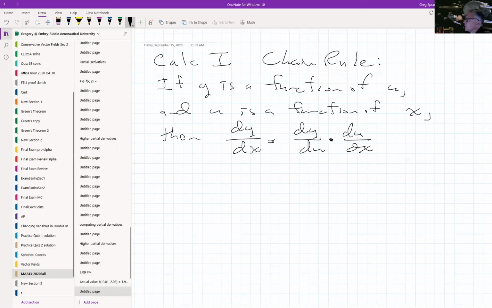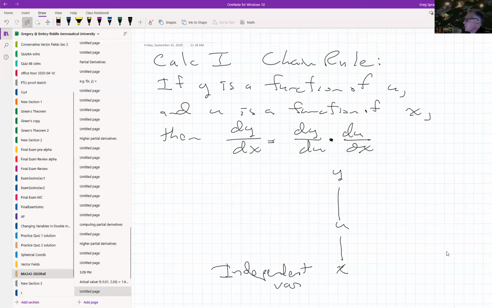So I'm going to draw a diagram showing the variables, which you don't really need in Calc 1, but diagrams like this will be useful for us. So x is called the independent variable. y is the dependent variable.